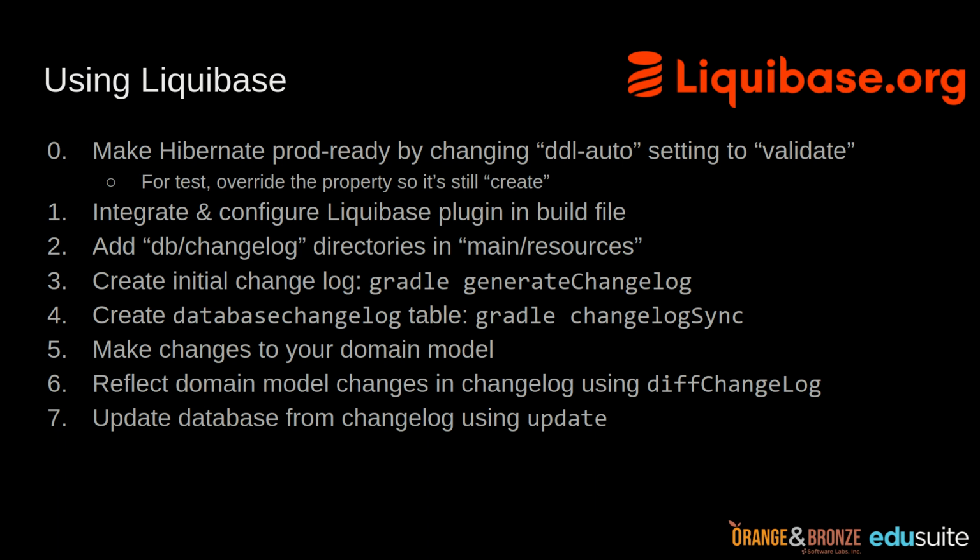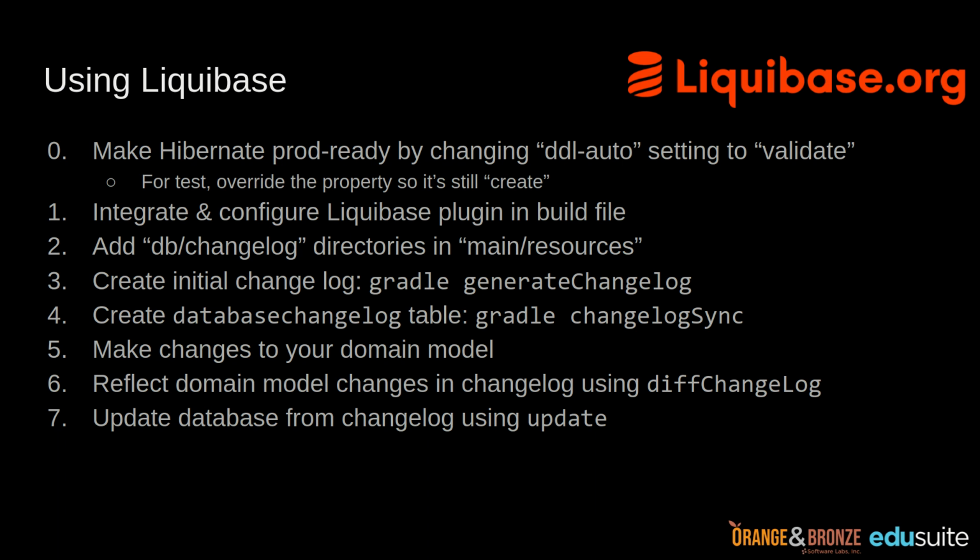So we're going to turn off the auto generation of the database schema by Hibernate. We'll set it to validate the schema, but not to generate it, for the production side of our code. But for our tests, we'll continue to use the create setting, so that every time we make a modification, we don't have to hassle with the schema.